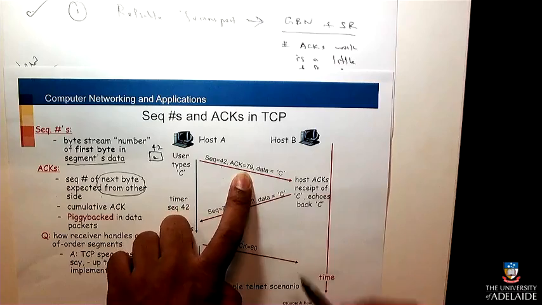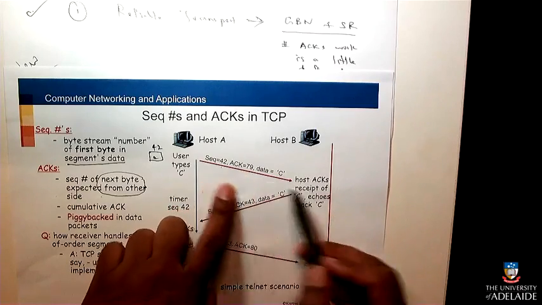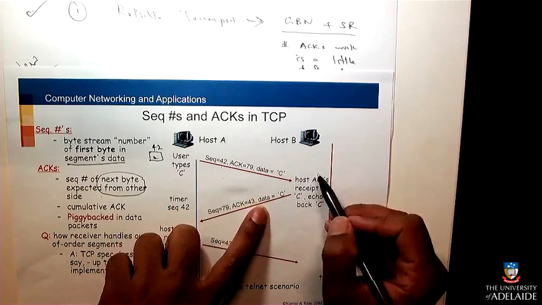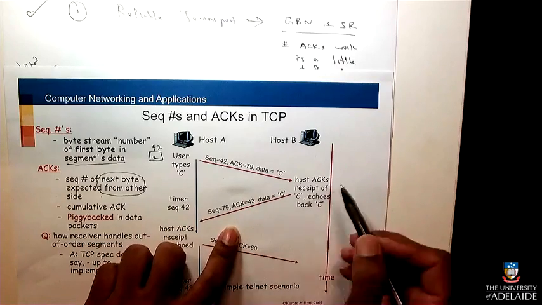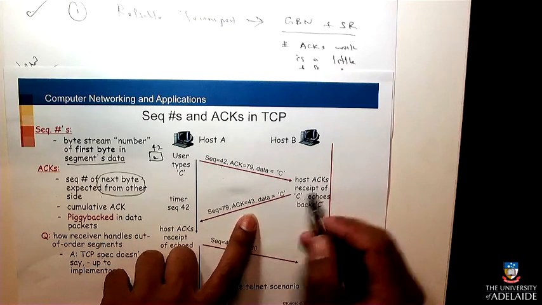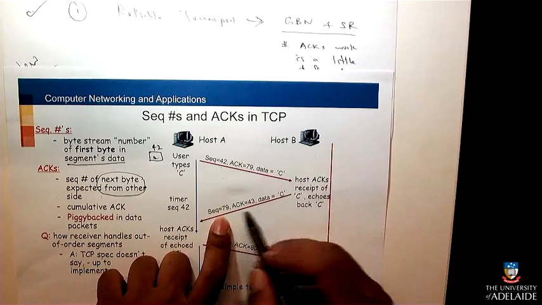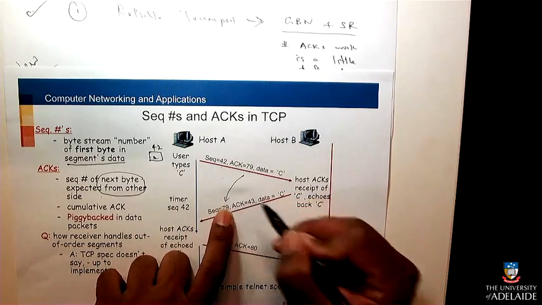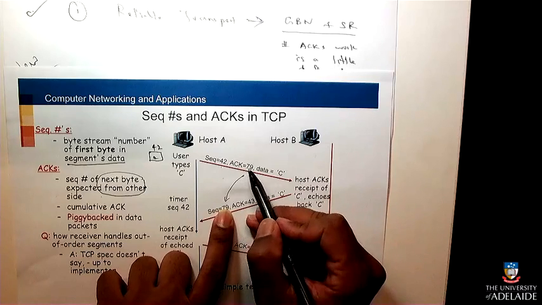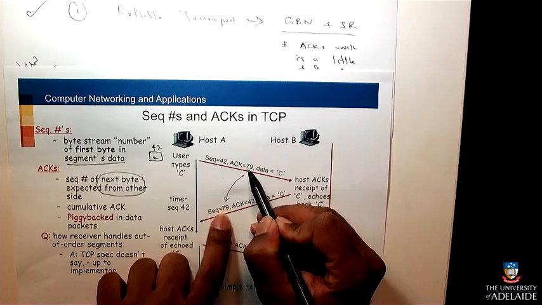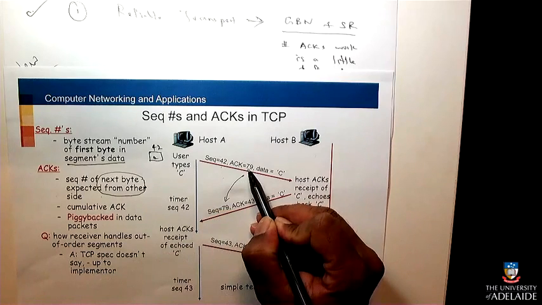Okay, so it gets a tiny bit trickier. What should happen here is that this host echoes back what it receives. So when it sends a packet back, you'll see that the sequence number is now 79, because what I said here is I'm expecting byte number 79.